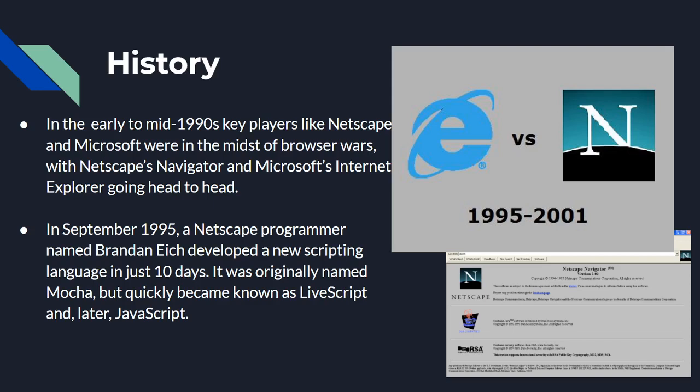These were two key players striving at the forefront of the internet, at the forefront of technology, of websites and all things to do with the cloud. Back then it wasn't called the cloud, and both Microsoft and Netscape were thinking, we need a way for people to be able to surf the web, a way for people to find this information that we are putting up there.